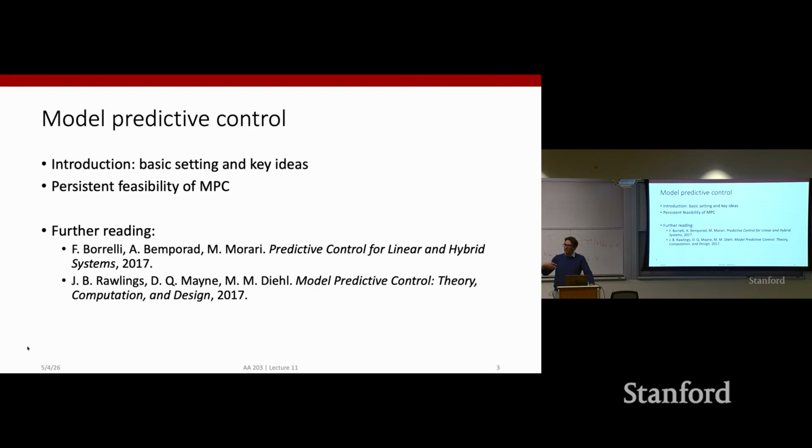Until the early 90s, MPC was used mostly heuristically, and then people in the 90s and 2000s started developing a theory about MPC that allowed researchers and developers to deploy MPC with mathematical assurances about the correctness of the design.